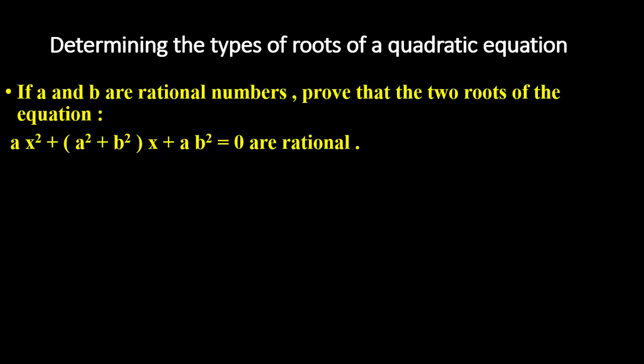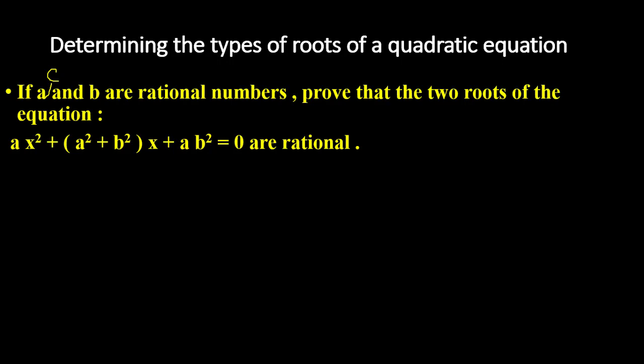Here, for example, if a, b and c are rational numbers, prove that the two roots of the equation are rational. The two roots are rational if a, b and c are rational and at the same time the discriminant is a perfect square.